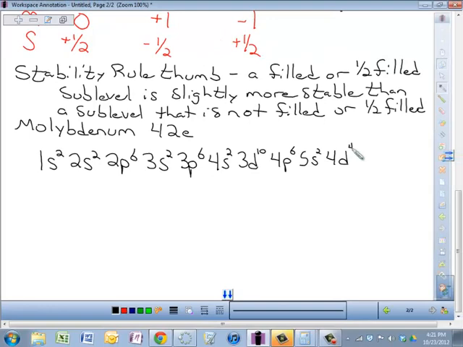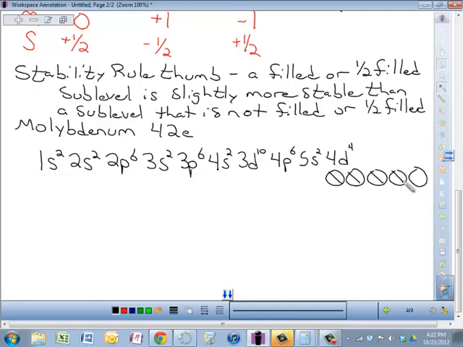Now here's what I'm going to do. When I look at this 1s, that sublevel is filled. The 2s is filled. The 2p is filled. I come all the way over to the 4p, it's filled. The 5s is filled. Now when I look at that 4d, it's not filled and it's not half filled. It looks like this: 1, 2, 3, 4. What I need is one more electron to make it half filled.